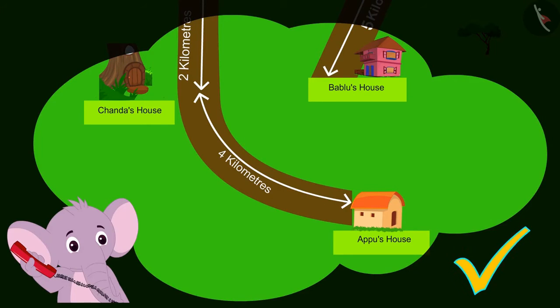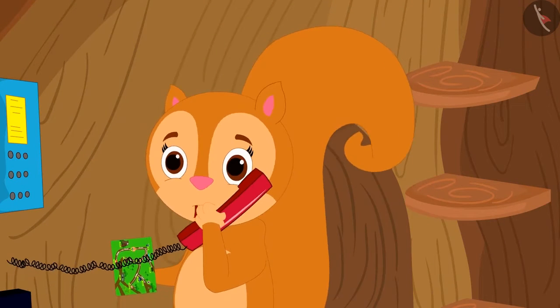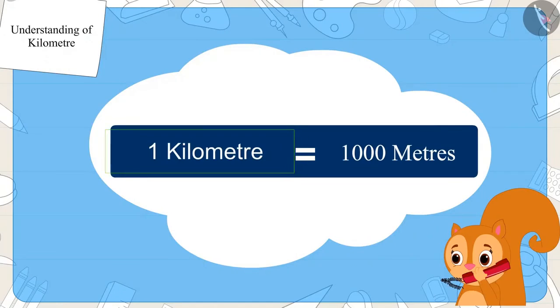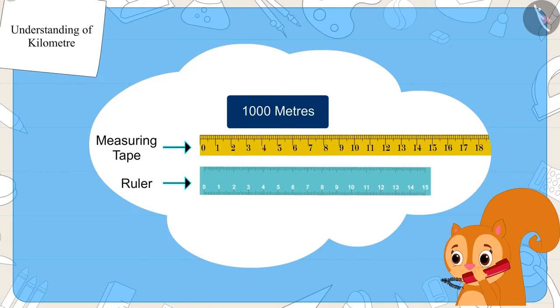Yes, Chanda, you have read the map correctly. Very good. Chanda said to Appu, But Appu, if 1 kilometer is equal to 1000 meters, then we will not be able to measure it with a measuring tape or a ruler.